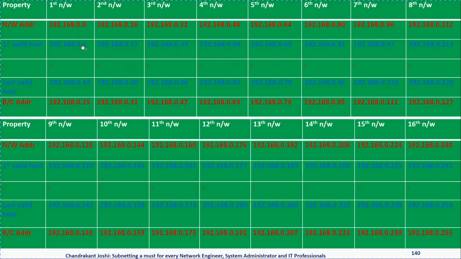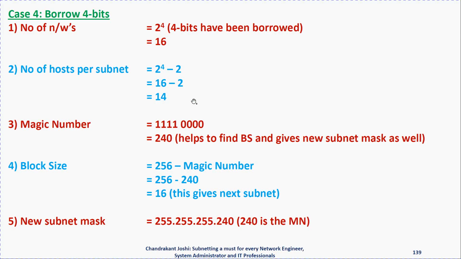So the first valid host is 0.1, and in this case the last valid host is 0.14, one less than the broadcast, and this is one more than the network address. So totally 14. These are also 14. Let us verify. Yes, 14. So we already used this magic number and got the block size. Now let us see the new subnet mask.